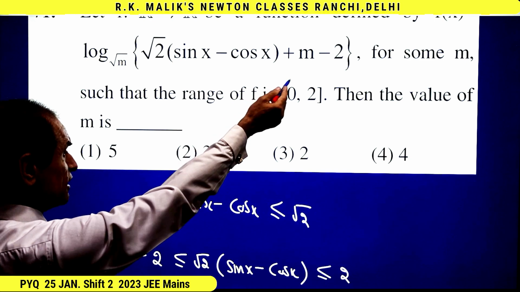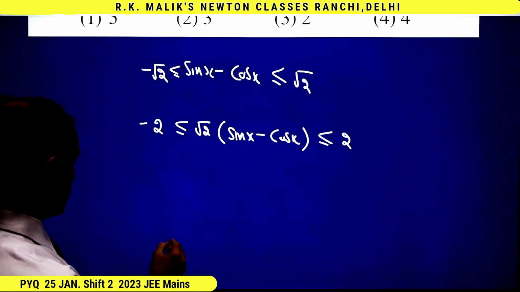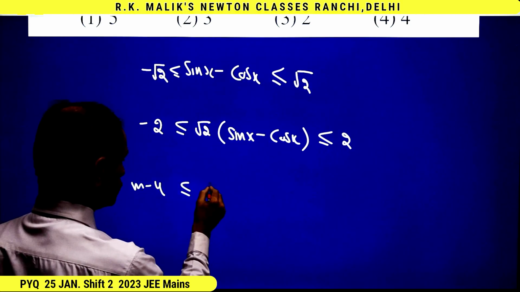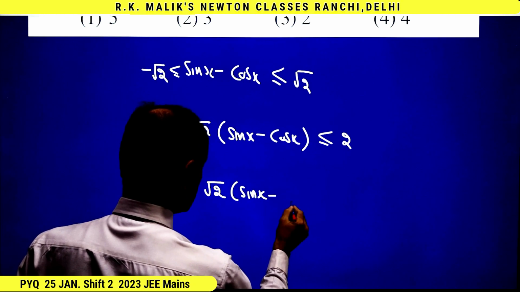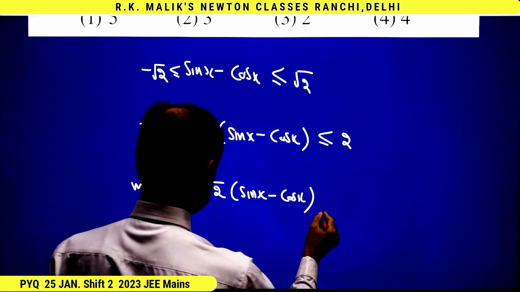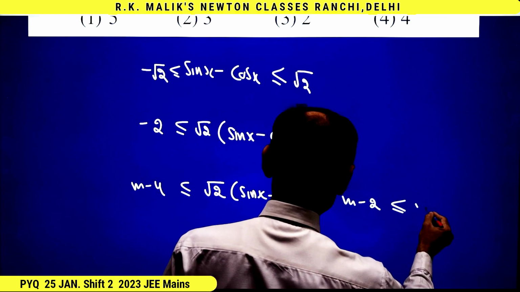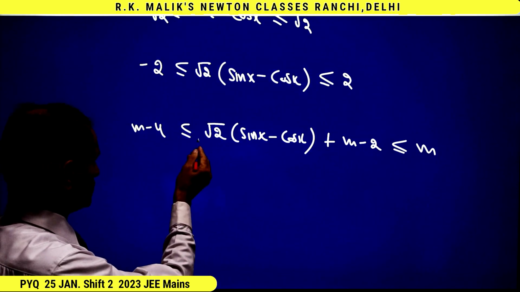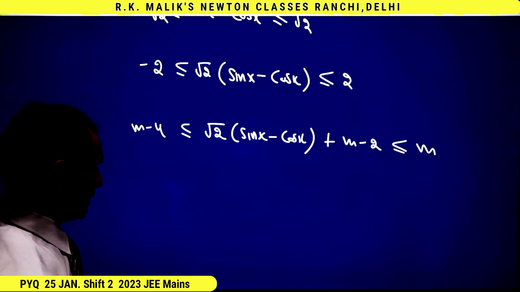And to get this expression, now add m minus 2 everywhere. I get m minus 4 less than or equal to root 2 into sin x minus cos x plus m minus 2 less than or equal to m. That is, for every value of x, the value of this lies between m minus 4 and m.